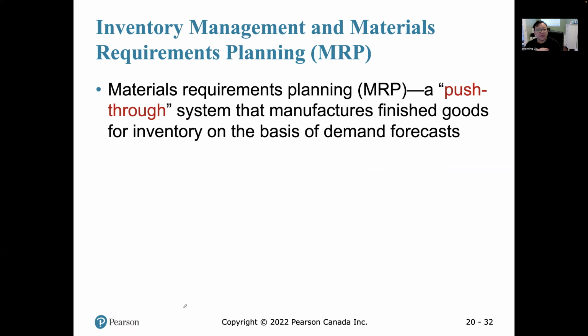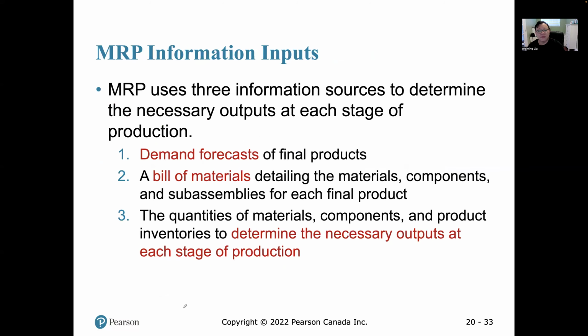Inventory management, materials requirement planning. This is the push-through system that manufactures finished goods for inventory on the basis of demand forecast. So they rely on the demand forecast of the final product, how many I can sell, right?